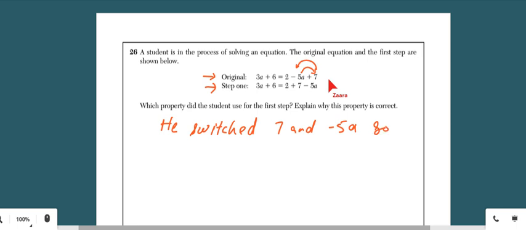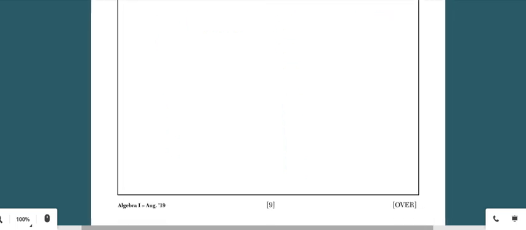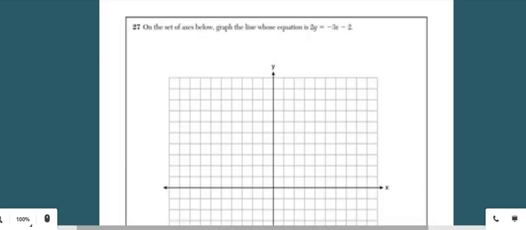So he used the commutative property of addition. With this property we are able to switch them. Scroll down and move to the next question.